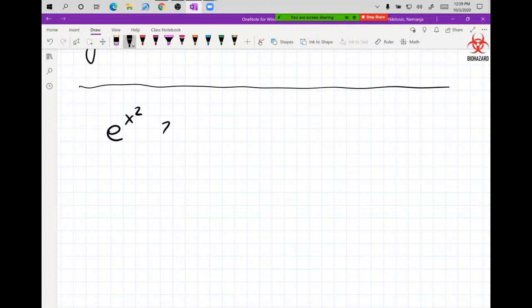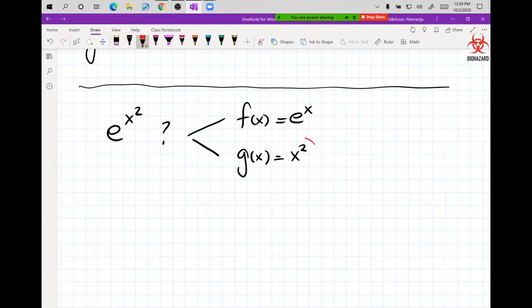Like, what does that mean? And you go and say, it is actually my main function f of x is e to the x, and then the function that I plug inside is x squared. Because when this replaces this x over here, I get e to the x squared.